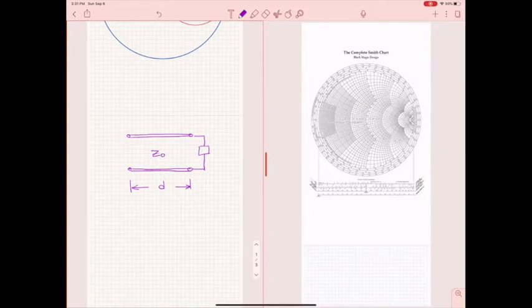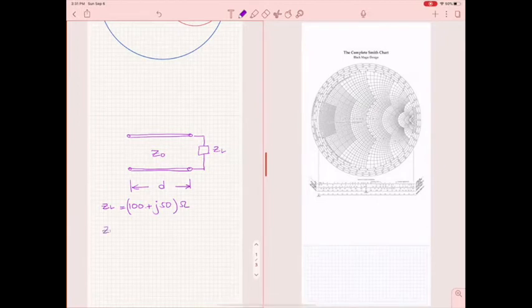First of all, let's assume that somebody gives you ZL, not normalized yet, as 100 ohms plus j50, in ohms. If it's like this, most probably ZL is nothing else but a resistor in series with an inductor. Do you agree?